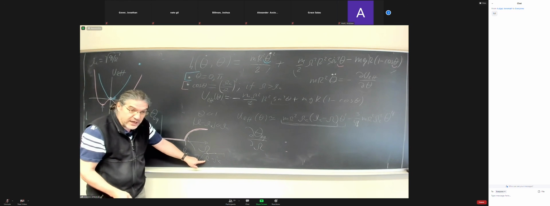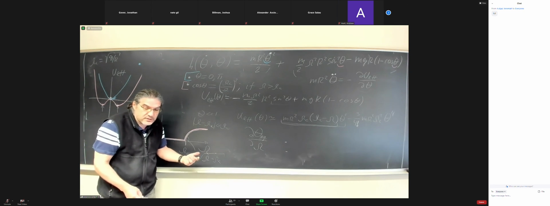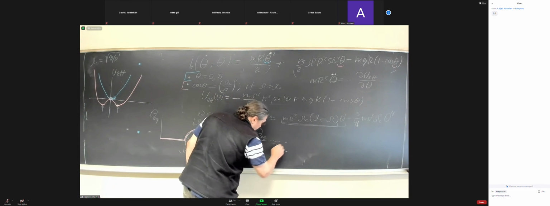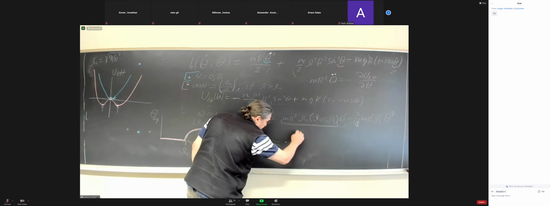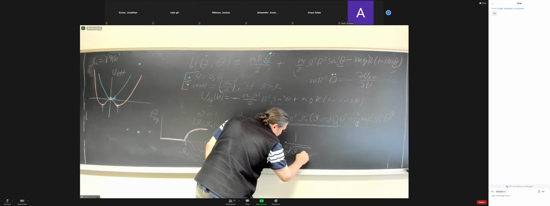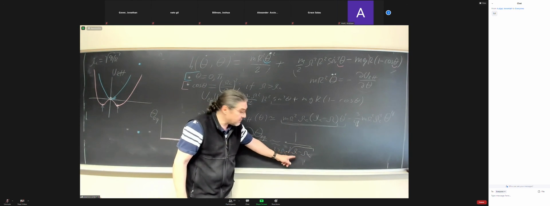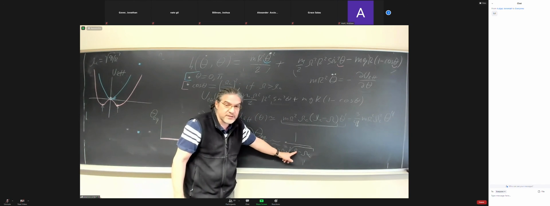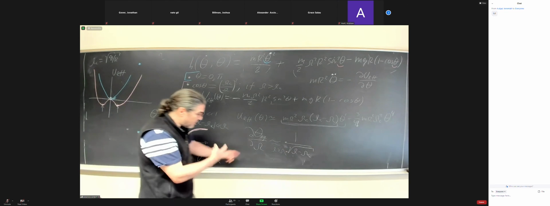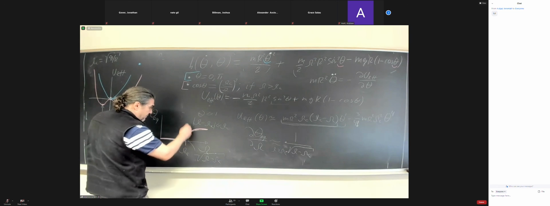When I differentiate it, I will get 1 over square root. So it will diverge. That behavior here, when omega is larger than omega critical, is 1 divided by square root of omega minus omega critical, with some prefactors. So it's divergent. When omega equals omega critical, I divide by 0. So that means that this response of my equilibrium position to omega is divergent here.